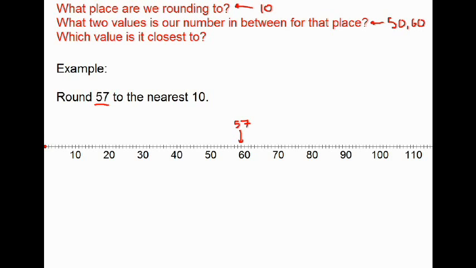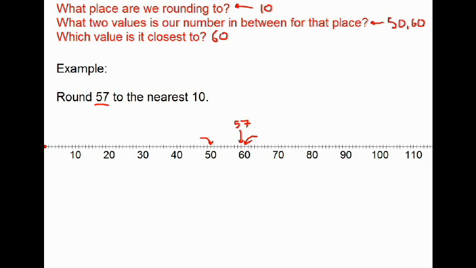And which one is it closest to? If we look at the number line here, 60 is there, and 50 is there, and we can see that 57 is a lot closer to 60. So when we round 57 to the nearest 10, it's between 50 and 60, those are the two tens that it's in between, and it's closer to 60.